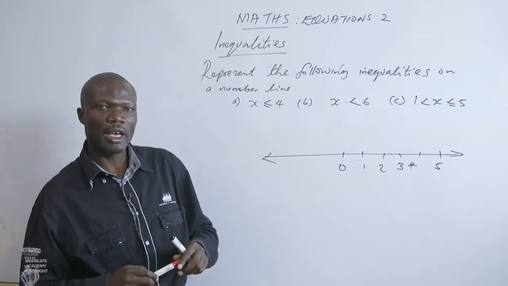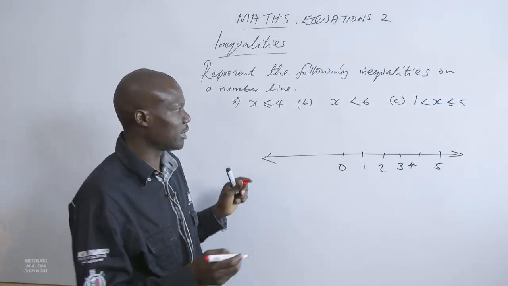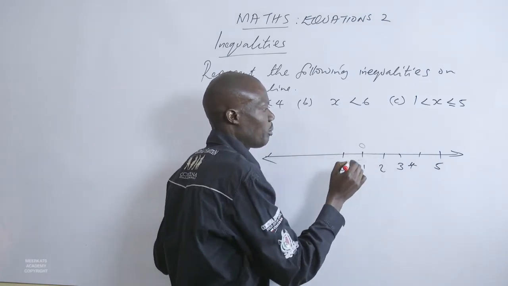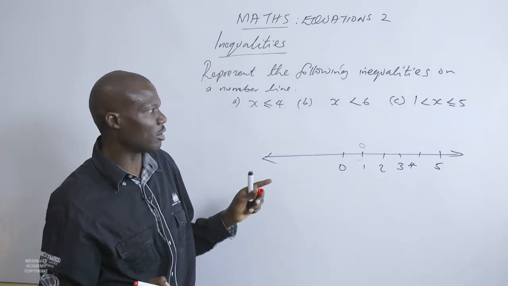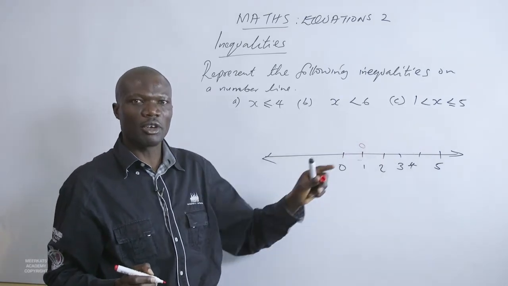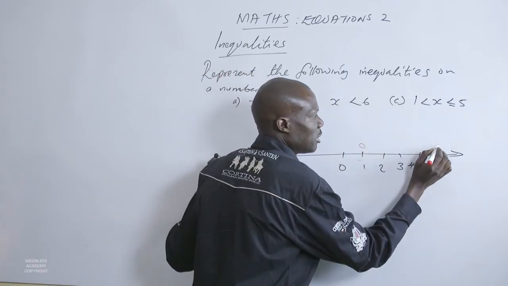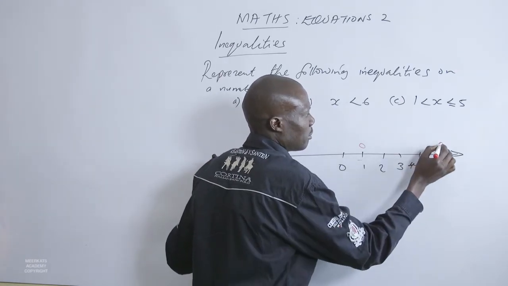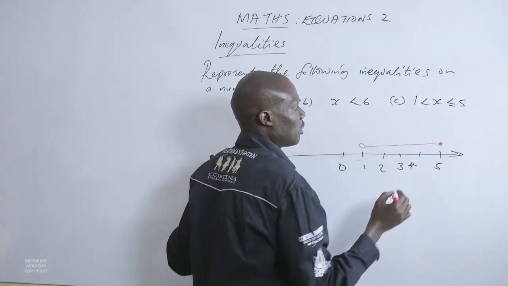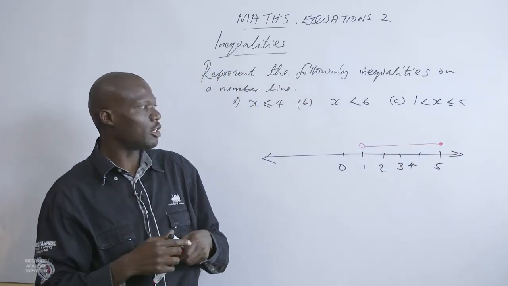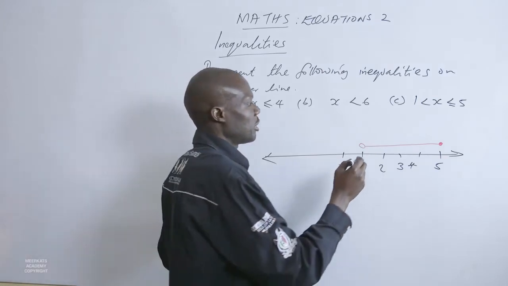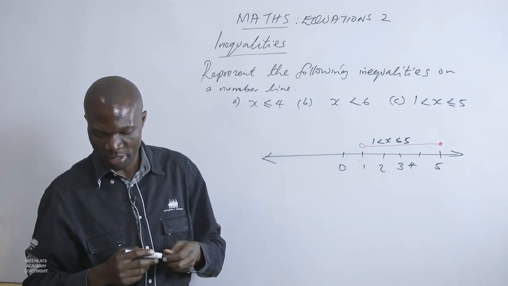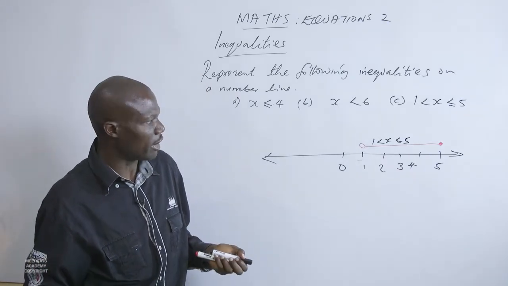If you look at this, 1 is less than x. It's not included, so 1 is an open circle. x is less than or equal to 5. 5 is included, so this is a closed circle. So that is the range we are looking for, which represents 1 is less than x, less than or equal to 5.